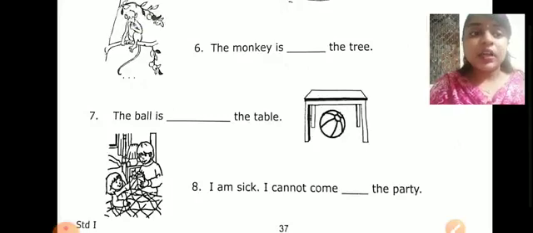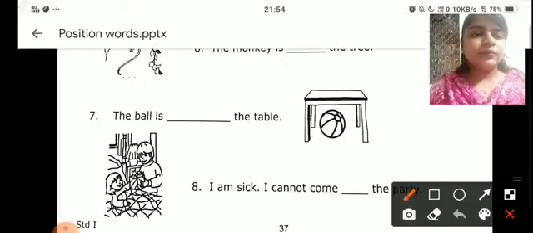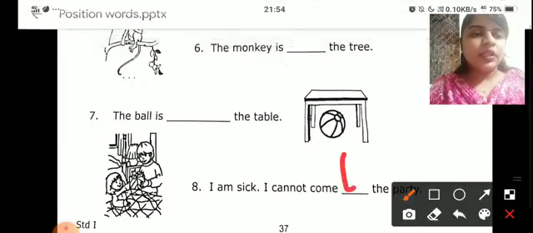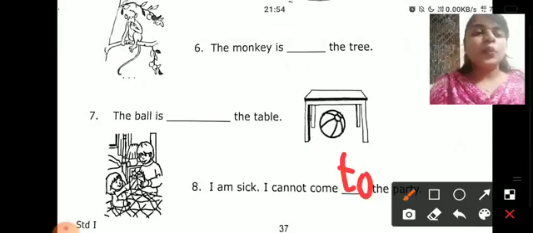I cannot come dash the party. So what will be our answer? To. I am sick. I cannot come to the party. So you are going to write T-O, to. Over. Good. Next.